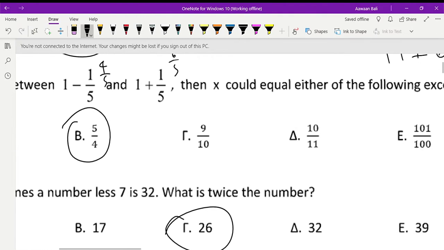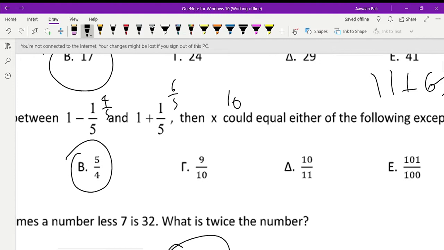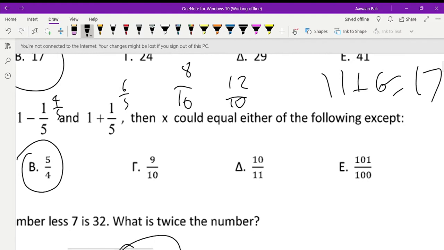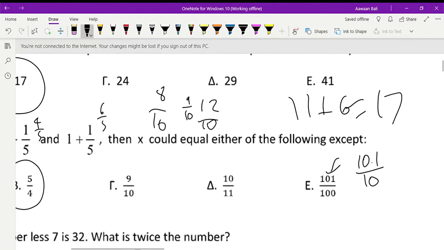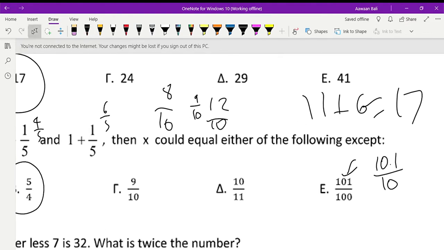So when you're taking the LCM of 10, you would have 4 upon 5 as 8 upon 10, 6 upon 5 as 12 upon 10. So 9 upon 10 would be in the middle, definitely. And when you're talking about 10.1 upon 100, that's basically 10.1 upon 10.